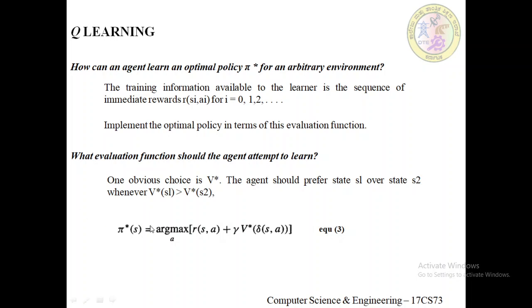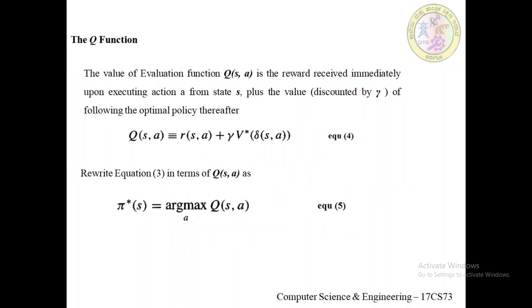This is the formula that can be used, and if you recall, delta of s comma a denotes the state resulting from applying action A to the state S. So the agent can acquire the optimal policy by learning V star, provided it has perfect knowledge of the immediate reward function R and the state transition function delta.